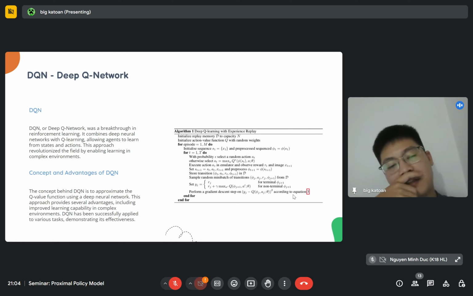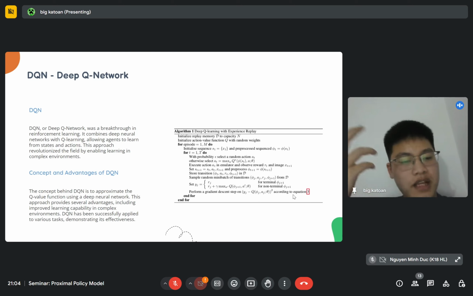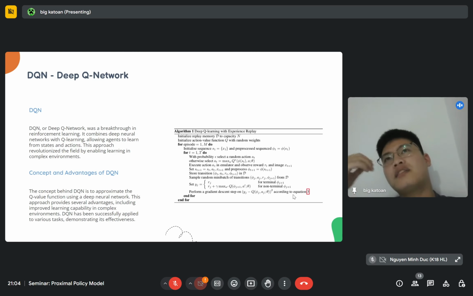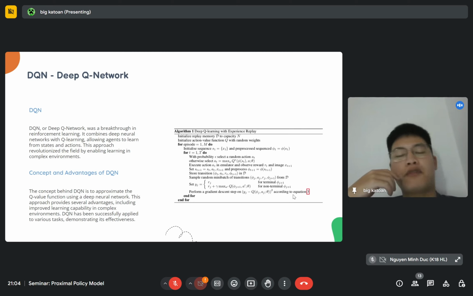The concept behind DQN is to approximate the Q-value function using a deep neural network. This approach provides several advantages, including improved learning capability in complex environments. Right now, DQN just solves the discrete action problem.